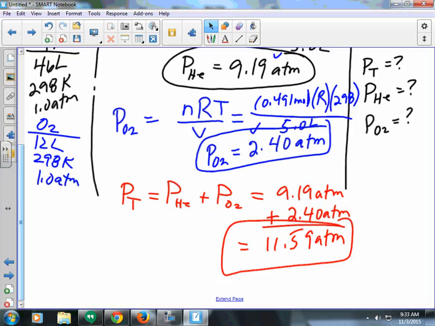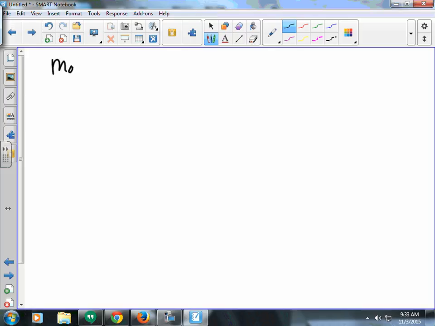Mole fraction. Mole fraction, the symbol is the Greek letter chi.